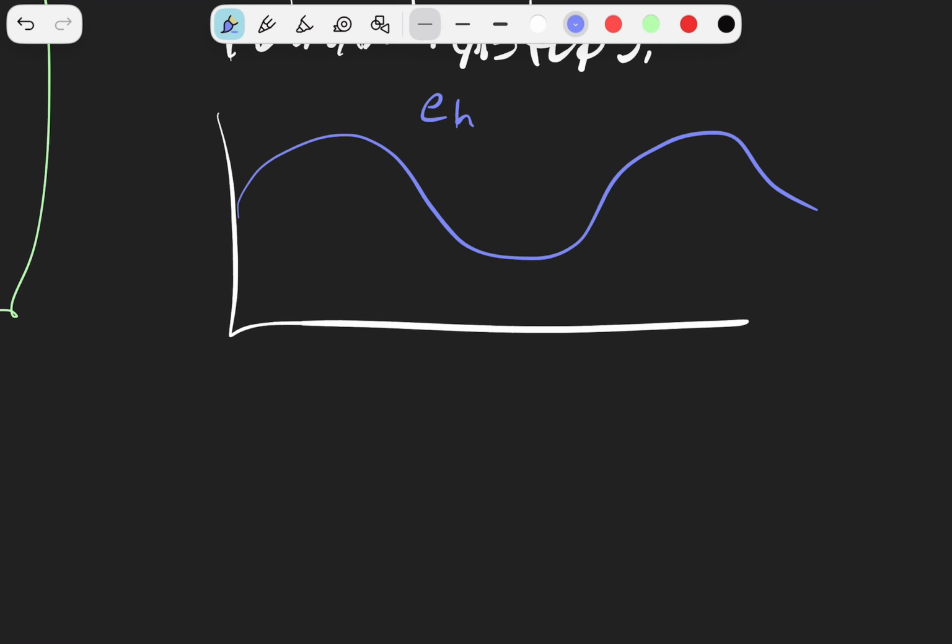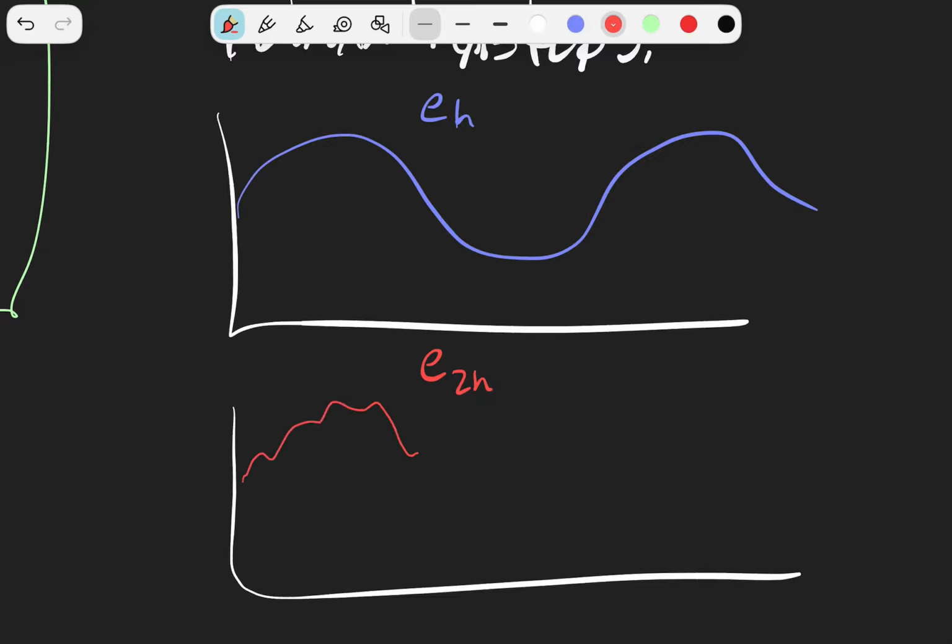We smoothed it out, but the same error, let's say we have E 2H, is going to be on a coarser grid. What's going to happen is it's going to be rougher.